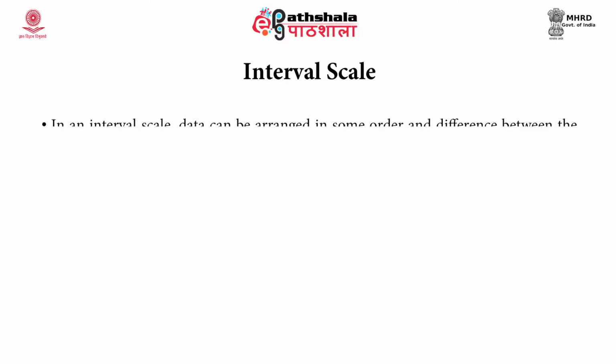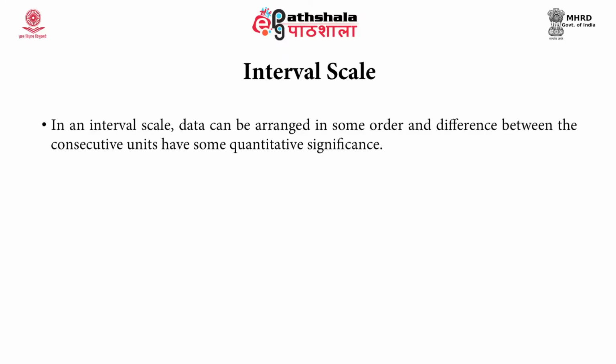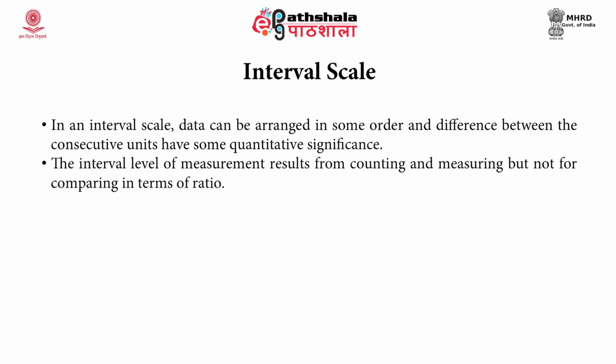Interval scale. In an interval scale, data can be arranged in some order and difference between the consecutive units have some quantitative significance. The interval level of measurement results from counting and measuring, but not for comparing in terms of ratio.